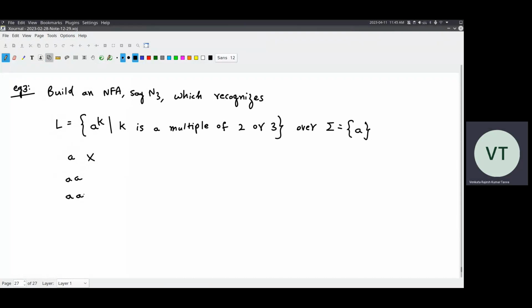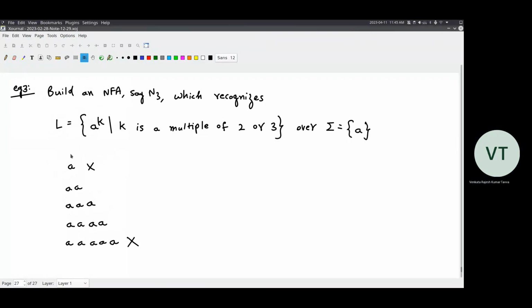This will accept a string with 3 A's. This will accept a string with 4 A's because 4 is a multiple of 2. This will not accept a string with 5 A's. And so on. So multiples of 2, multiples of 3, they will be accepted. Even the empty string will be accepted because 0 is a multiple of 2 and 3. All right. So build an NFA which accepts only these strings.